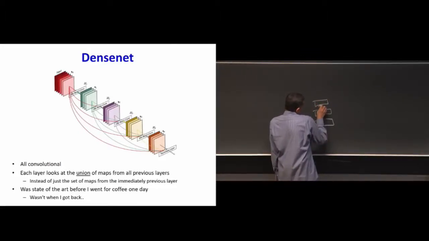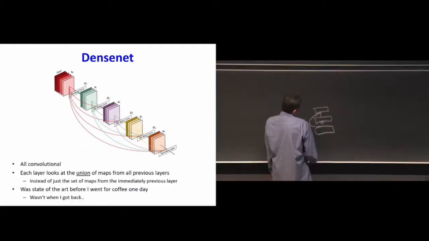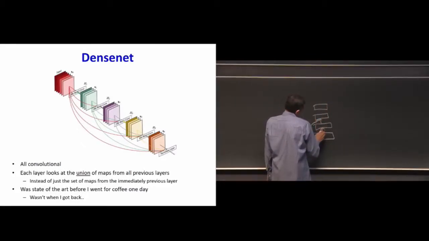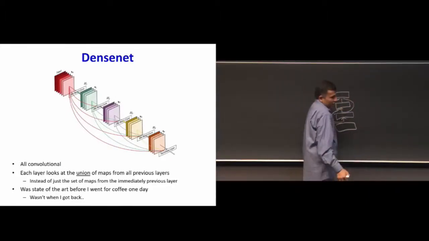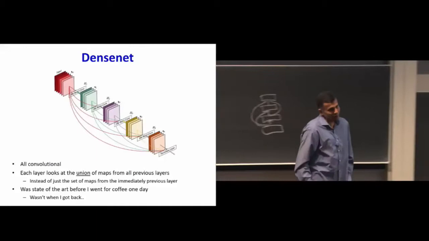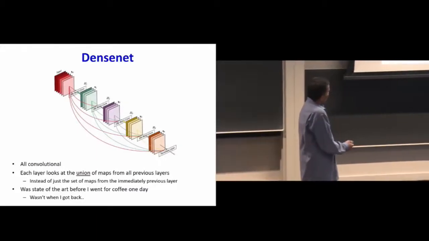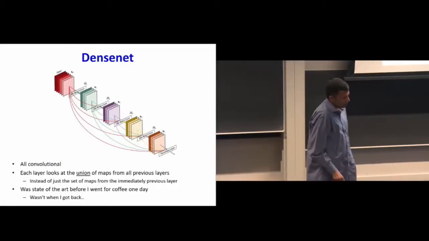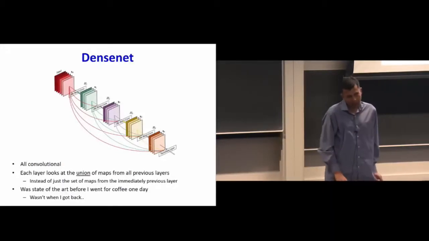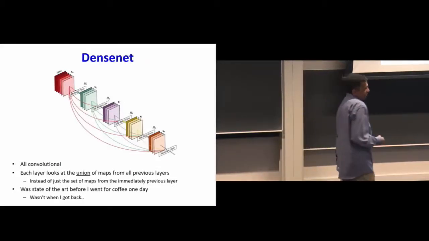But the next layer is fed by both these guys and these guys. And then the next layer is fed by these guys, and these guys. You just keep accumulating connections as you go down the network. And the number of parameters becomes very large. And that was the state of the art before I went for coffee, a couple of years ago. And I came back, there was a new paper on arXiv with better architecture. So they keep updating this stuff.